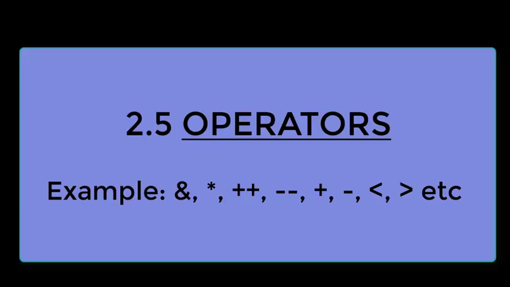In the example shown, ampersand, asterisk, increment operator and decrement operator are some of the unary operators, and addition, subtraction, less than, greater than sign, etc. are binary operators.